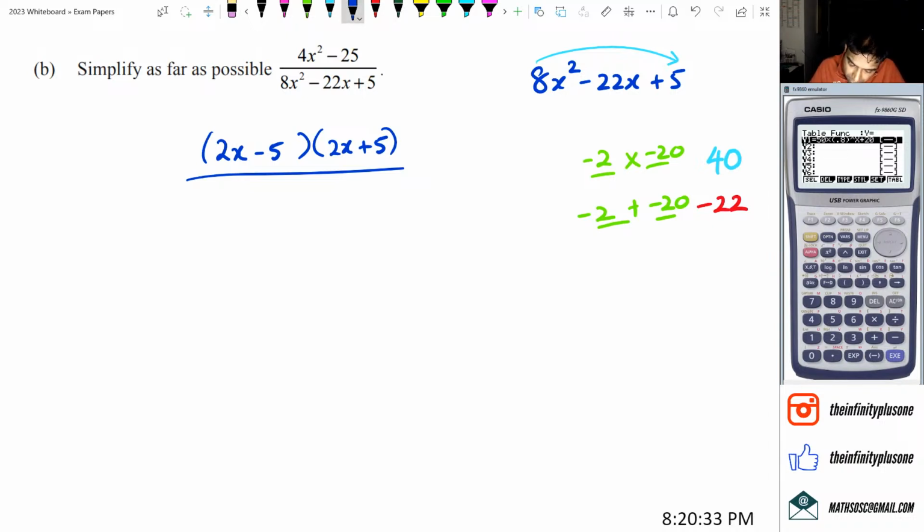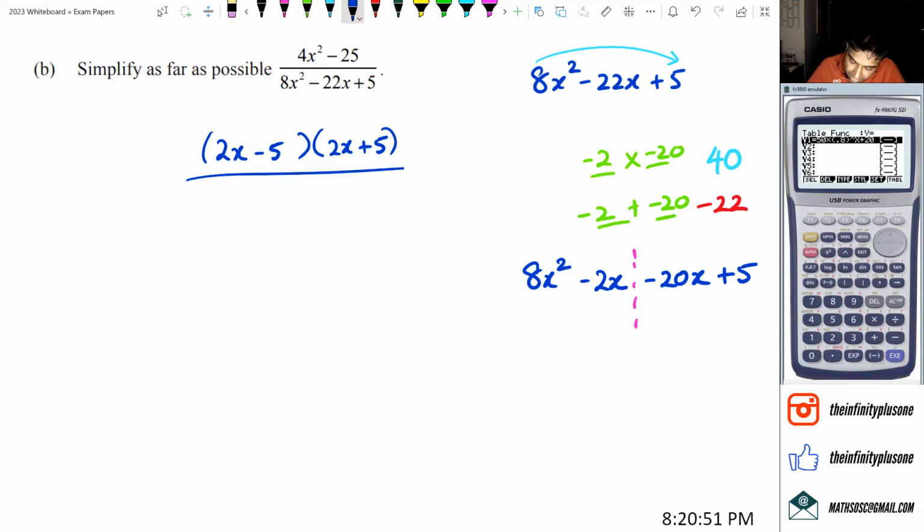So then I replace the negative 22x with negative 2x, negative 20x plus 5. At this point, I'm going to factorize by parts.